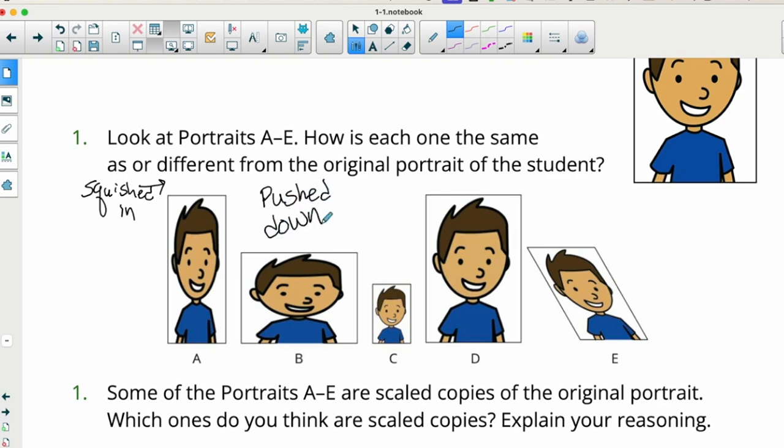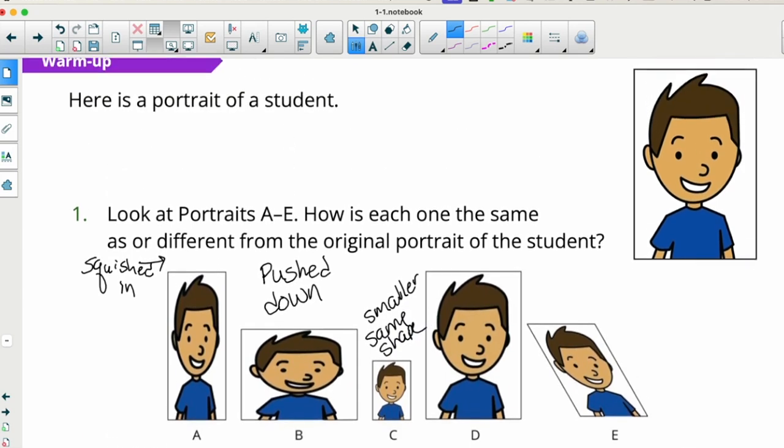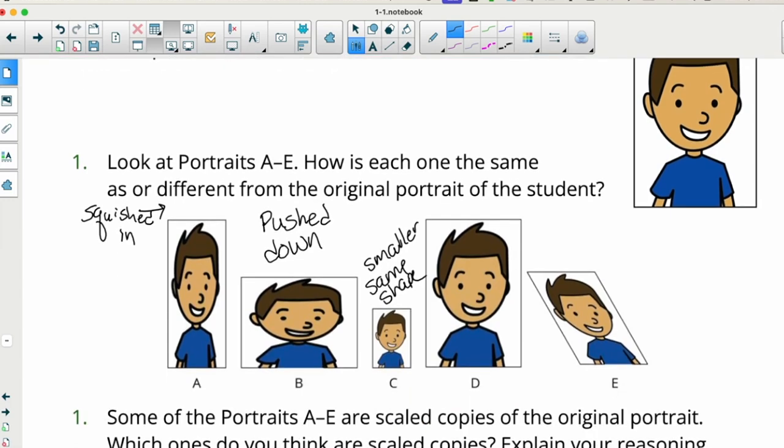Letter C looked smaller, but it looked the same. His face was the same. Letter D also looked a little smaller, but again, he looked the same. And this one was all slanted and smaller.